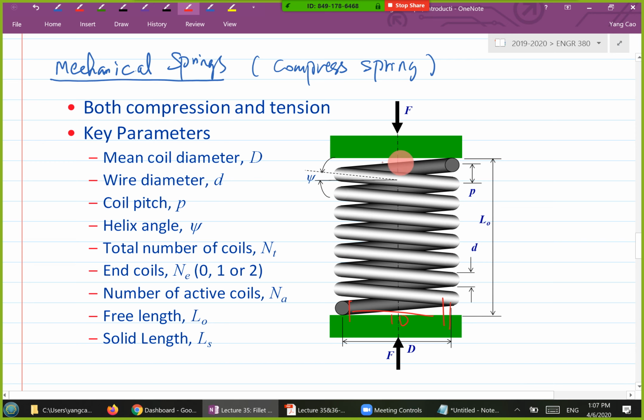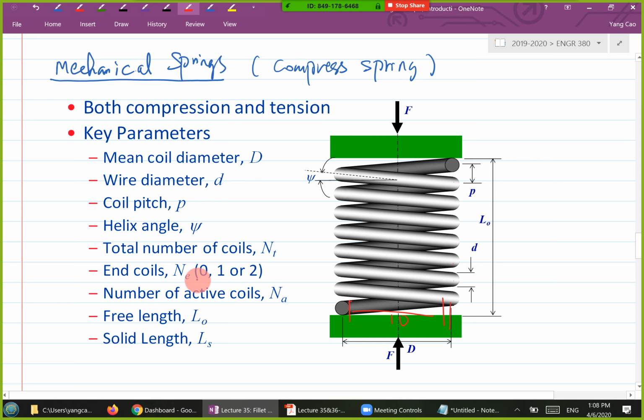This is what we call one coil. Given a spring, if I give you a drawing, you need to be able to count the total number of coils. Start from here: 1, 2, 3, 4, 5, 6, 7, and then a half. So in this case, that's 7.5 coils. That's NT.